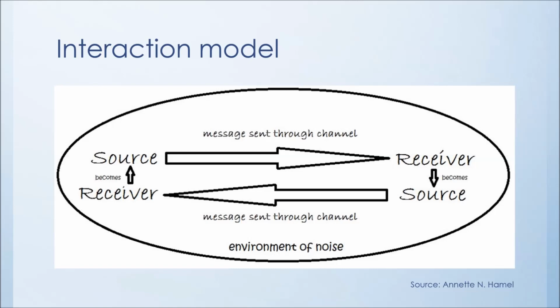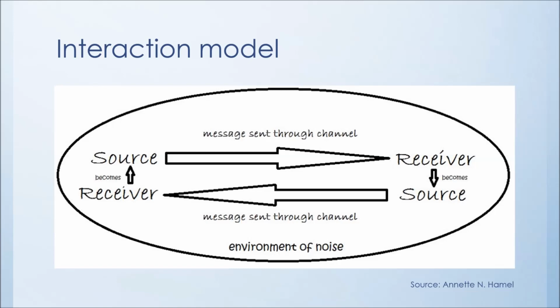A good example of this type of communication might be a job interview, where the source is the interviewer and the receiver is the person being interviewed. The interviewer asks a question, the receiver takes that in and decodes it, but then they answer back. So the receiver becomes a source and sends a message back. These messages are going back and forth.